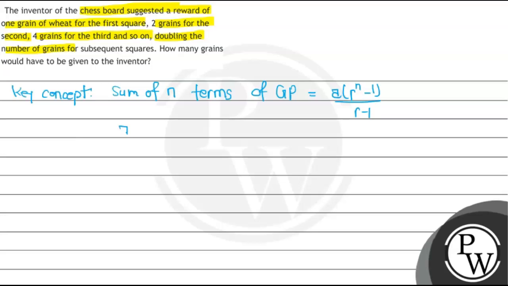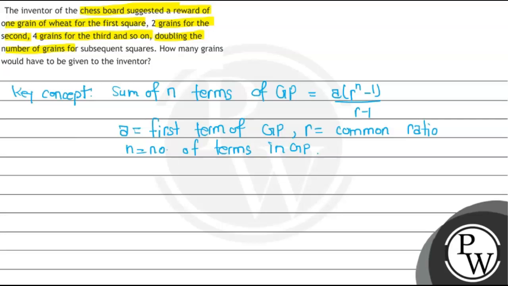Here a is equal to first term of GP, r is equal to common ratio, and n is equal to number of terms in GP.